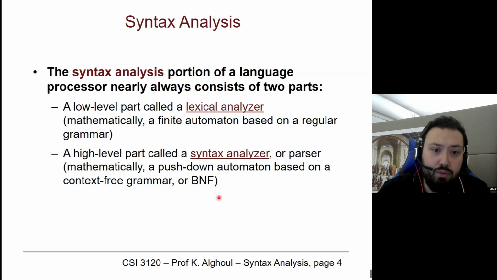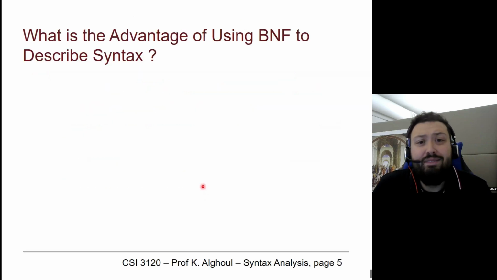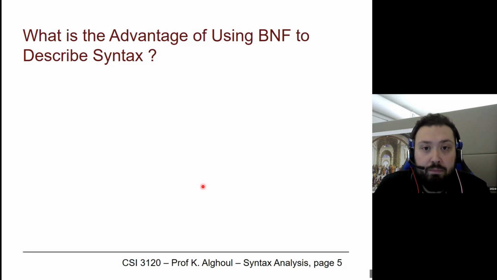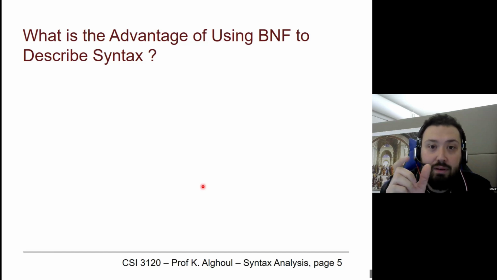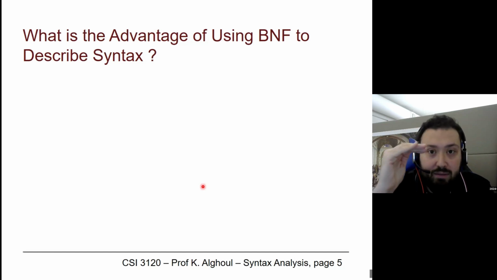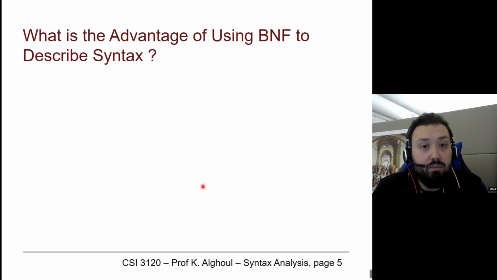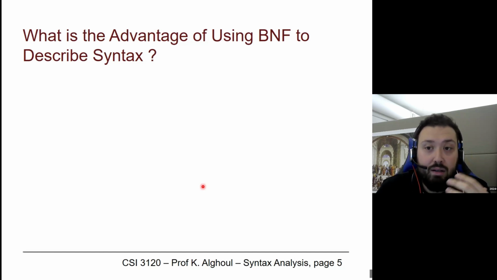And we said also, how do we represent the grammar? We wanted to be more focused on the context-free grammar, which can be represented by the BNF. Now, what is the advantage of using BNF to describe syntax? Just quickly, we already covered this. I want you to just refresh your memory. BNF is that we're taking this grammar and we're writing it in a very specific way for the parser, or the syntax analyzer, to be able to read it better.